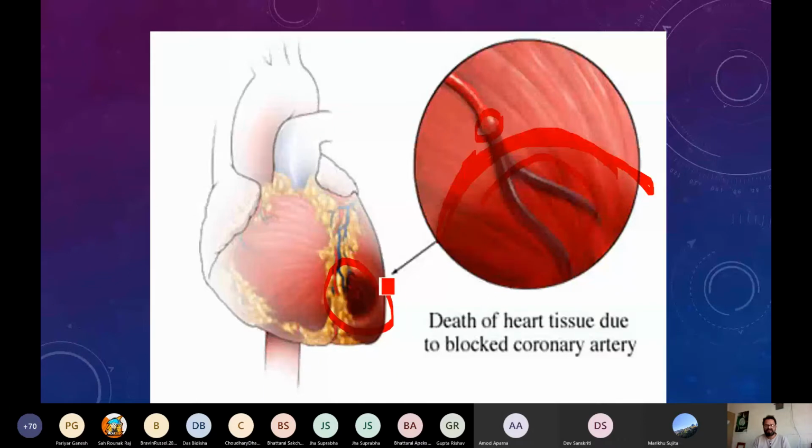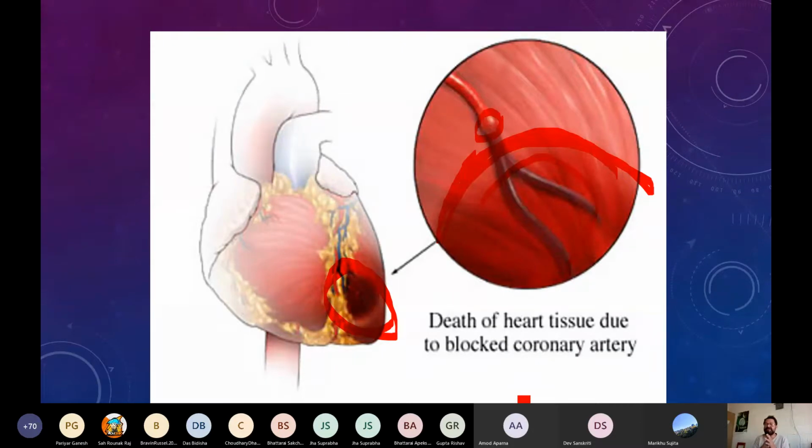So this one over here is relatively smaller, towards the apex of the heart. I'm sorry, the base of the heart. So this is basal myocardial infarction. It might be the anterior wall, posterior wall, lateral wall, septal portion, or it might be pan, all over your heart. If that happens, then death is inevitable.